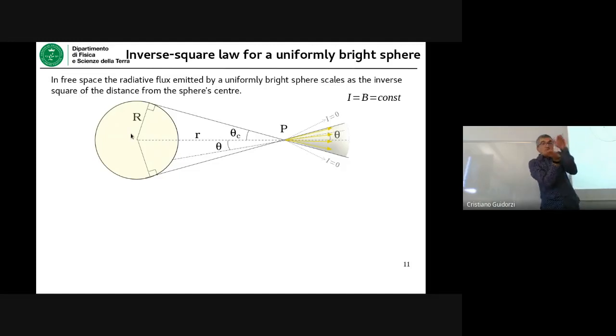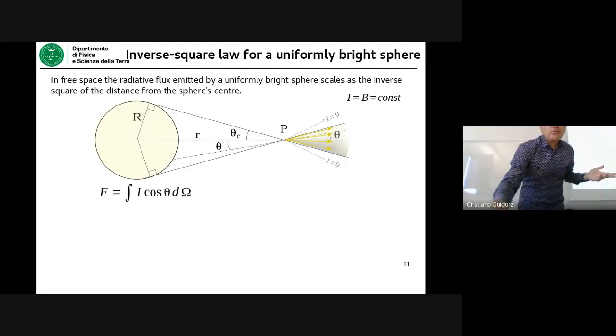I is constant within that cone. As soon as you move off the cone, I is 0, because if you look in that direction, your eyes do not match any point of the surface of the object. So I is constant within that cone and 0 outside that cone. Easy. You see that?